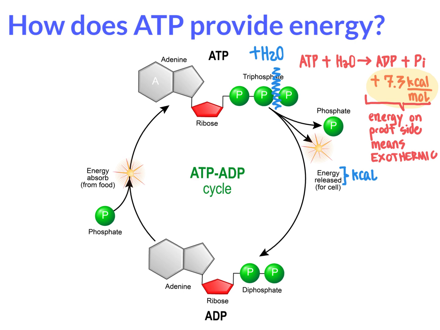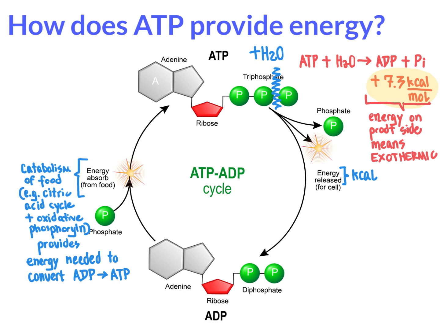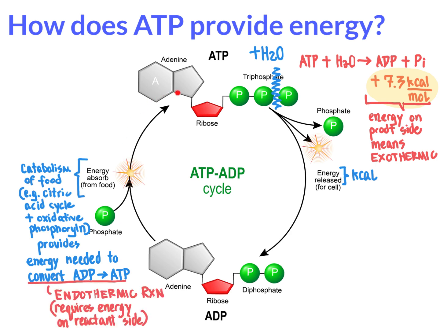So during digestion and degradation of foods, and once those molecules enter things like the citric acid cycle and oxidative phosphorylation, those biochemical processes are what enable phosphate to be reattached to ADP, energy used by that reaction, so that's an endothermic reaction, and that regenerates ATP to then start the process over again.